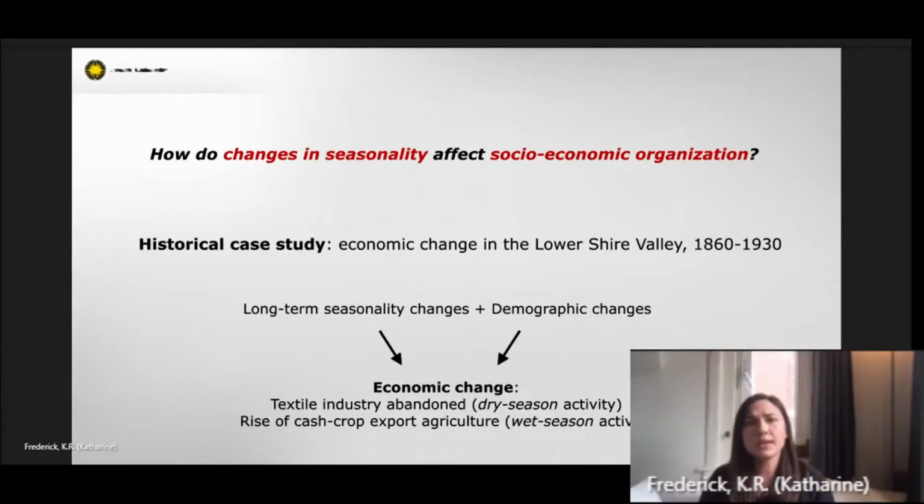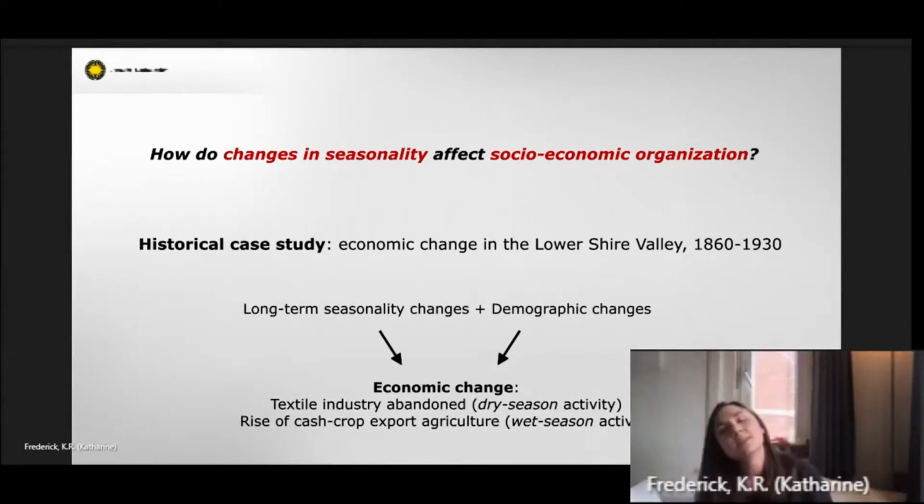And they ultimately helped produce a significant shift in the way that households in these villages allocated their labor throughout the year. What ends up happening is that textile manufacturing, which was traditionally carried out during this so-called non-agricultural dry season, basically ends up being completely abandoned quite quickly.